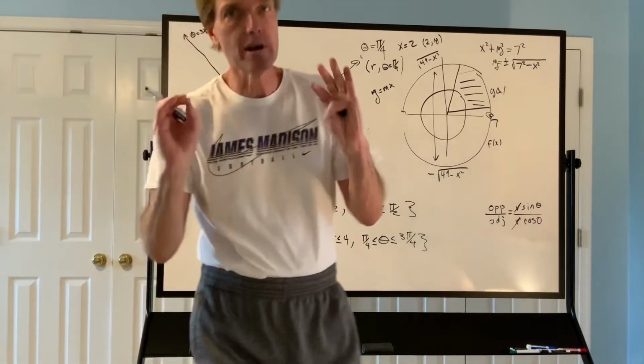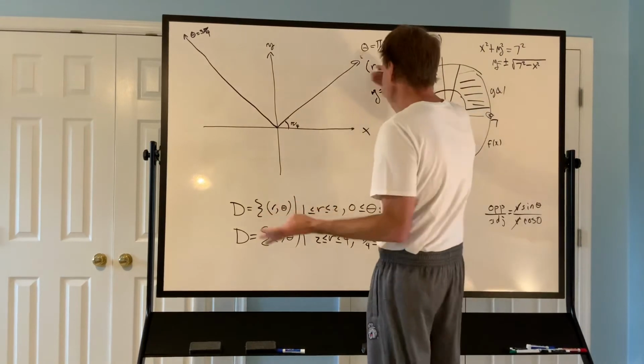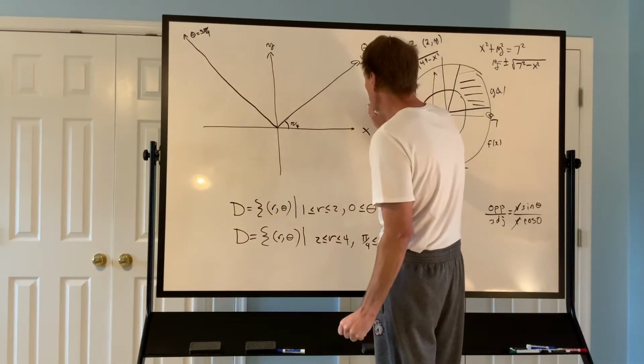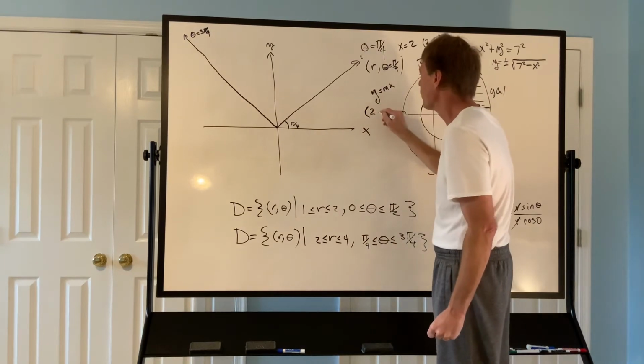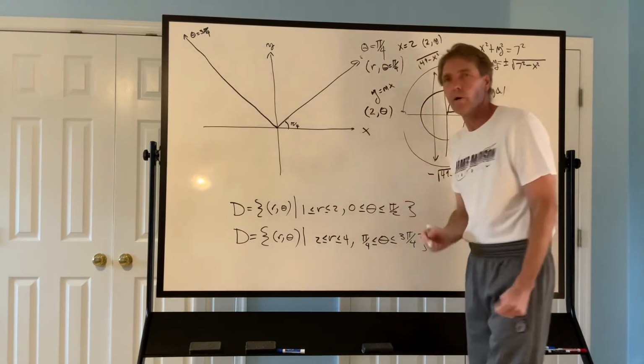Now you're going to be angry, but we can think of this as also being a coordinate curve where, for example, we have r equals 2, we're fixing that and we're allowing theta to do whatever it wants.